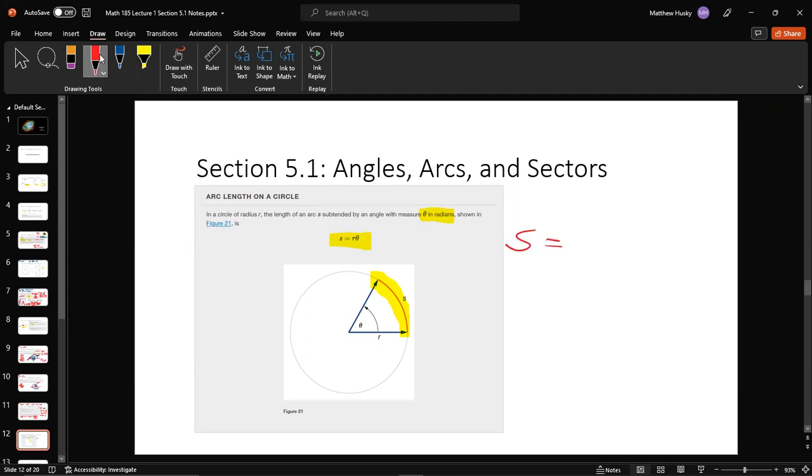S equals R times theta, where theta is in radians. So if you do the radius times the angle in radians, that will give you the length of the arc.